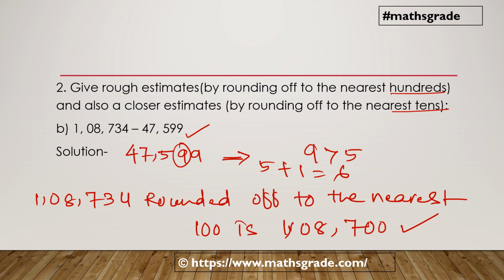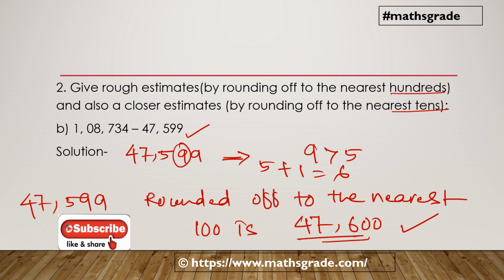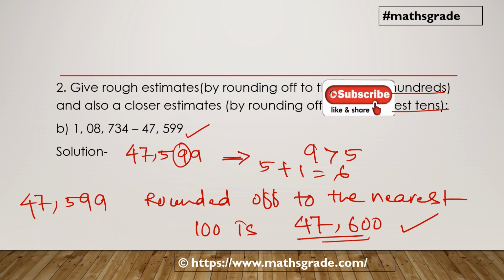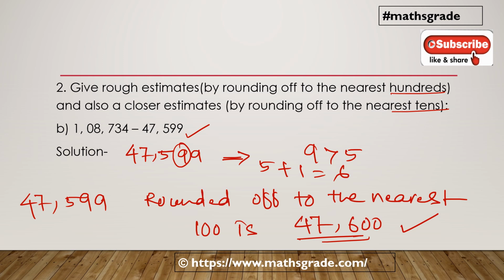So 47,599 rounded off to the nearest hundred will be 47,600.